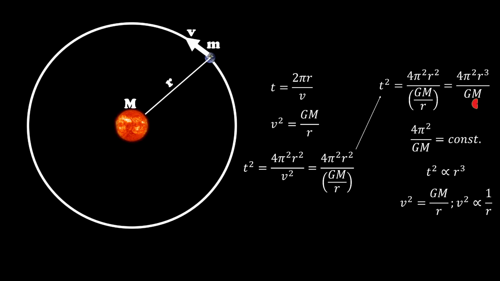So basically, we say that the time it takes for the planet to make one revolution around the sun squared is proportional to the distance cubed. So let's just take a look at v squared equals GM over r, and v squared is proportional to 1 over r. This is an important equation during this entire lecture.